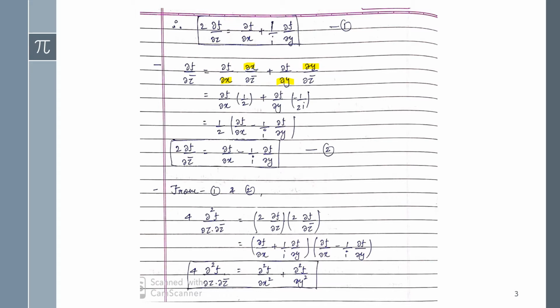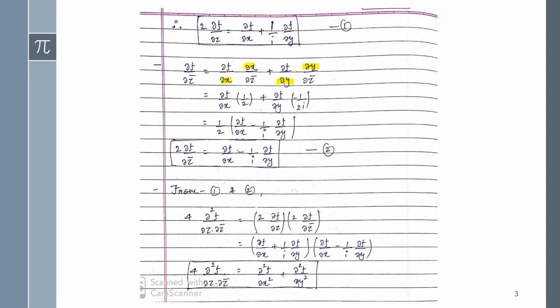The x with respect to z̄ you can get 1/2, and y with respect to z̄ you can get minus 1 upon 2i. I hope you all know the derivative of x and y with respect to z̄, because I'm going to write this directly. Now taking out the common 1/2, it will be 1/2 into the bracket ∂f/∂x minus 1 upon i ∂f/∂y.